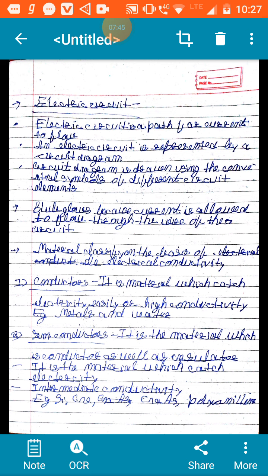It is a material which carries electricity with intermediate conductivity. Examples are the symbols of some materials which are semiconductors, like silicon and germanium.